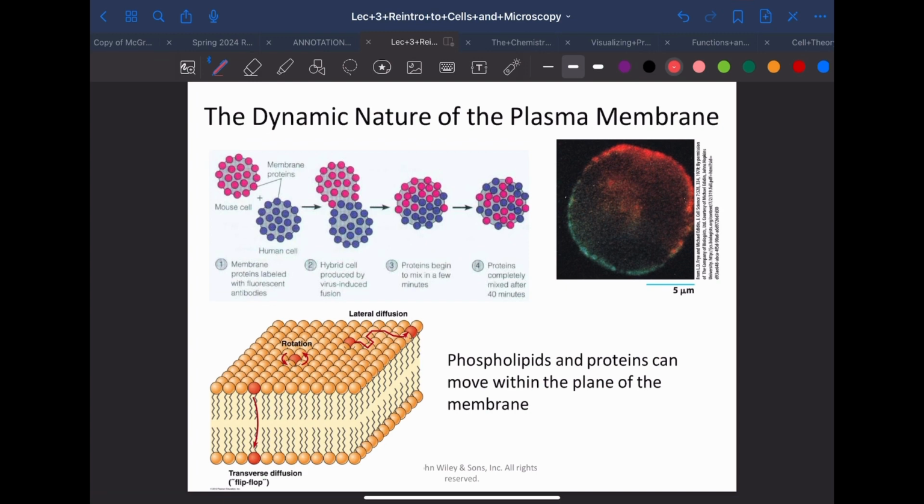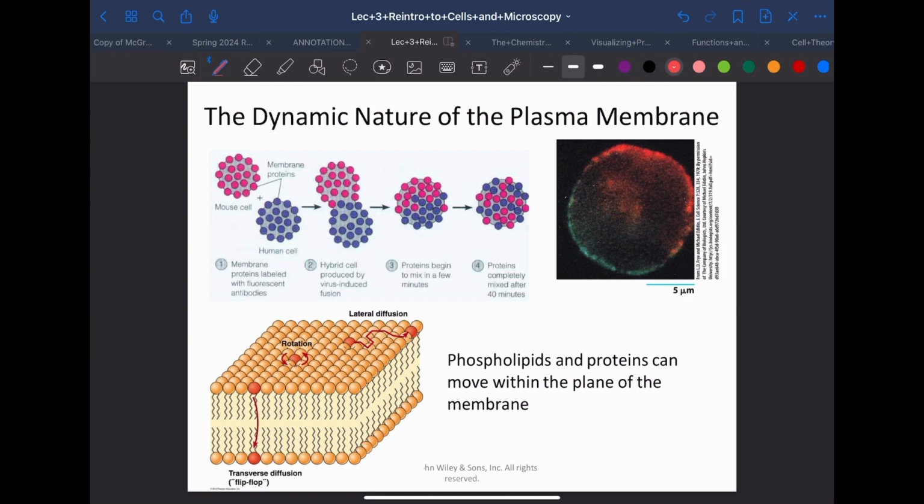This particular diagram, I think there's a similar one in your textbook, is showing you a mouse cell, which they attached a fluorescent antibody to make it pink, and then the human cell, which they attached it to. Did I say protein? The antibodies are attached to proteins and they make it glow different colors. So the pink one is mouse and the blue one is human. And they observe how they fuse together based on these fluorescent markers, right?